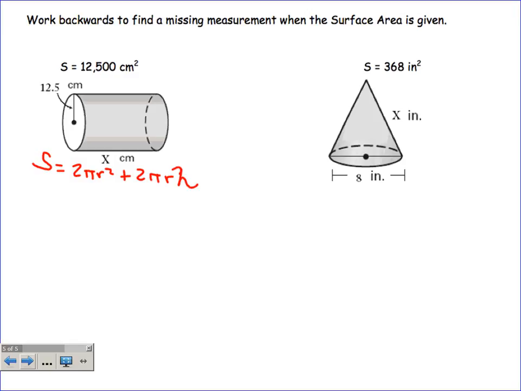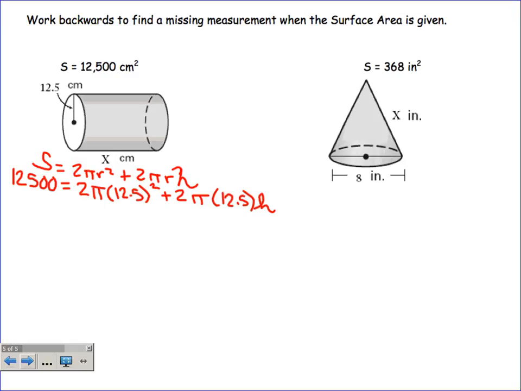I'll substitute in what I know. That's 12,500 equals 2 pi times 12.5 squared plus 2 pi times 12.5 times h. I don't know what my h is.